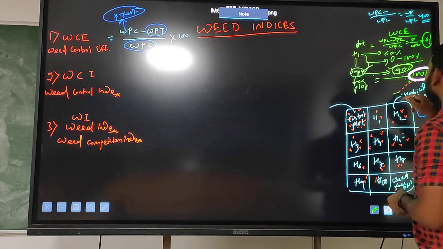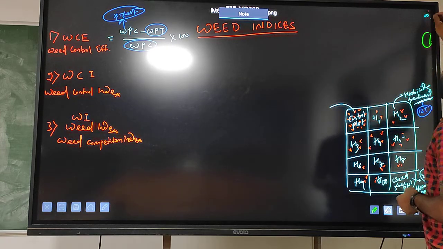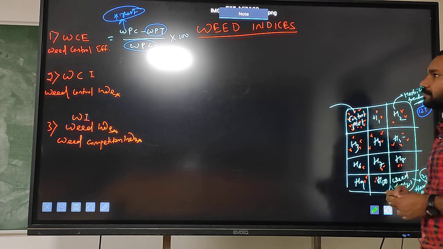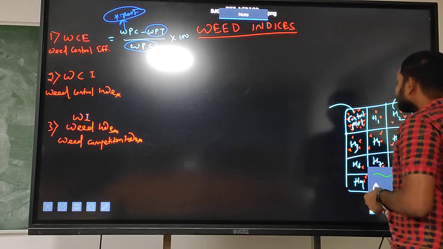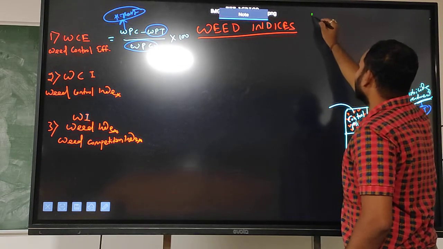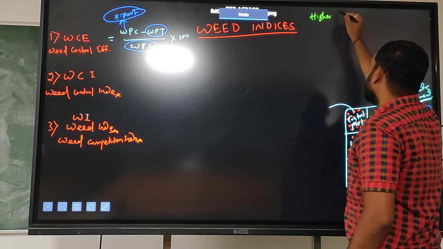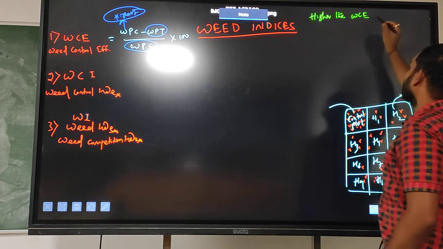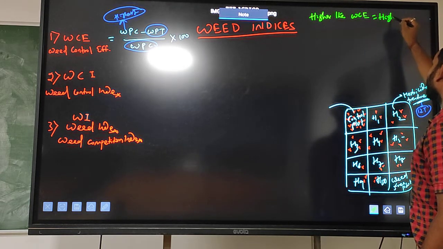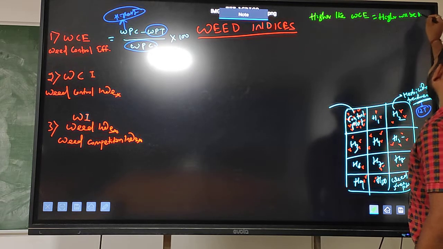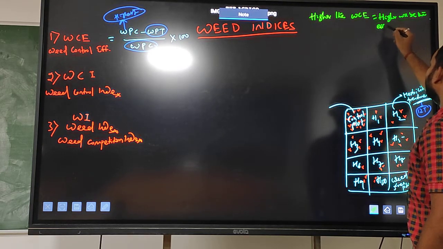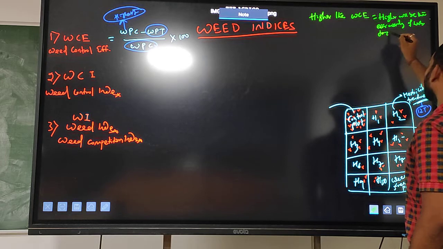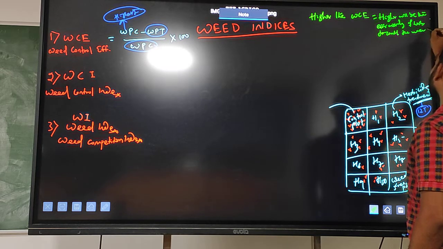Okay. So the weed control efficiency for a weed free plot will be 100%. For the control plot, it is 0%. So here I can write: the higher the weed control efficiency, the higher the efficiency of the herbicide to control the weed.